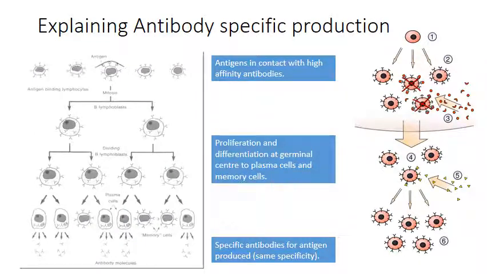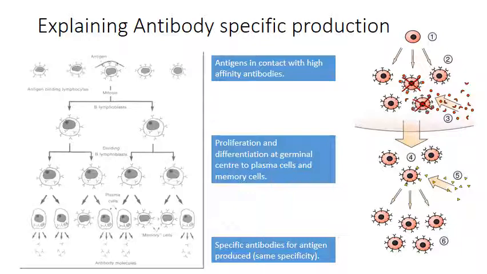So if we want to explain the antibody-specific production, first we need to go through the chart right here. We all know that the lymphocytes will bind to antigen, and the antigen will actually choose the lymphocytes with the highest affinity to it. So it will undergo mitosis and will proliferate and differentiate at the germinal center to form plasma cells and memory cells.